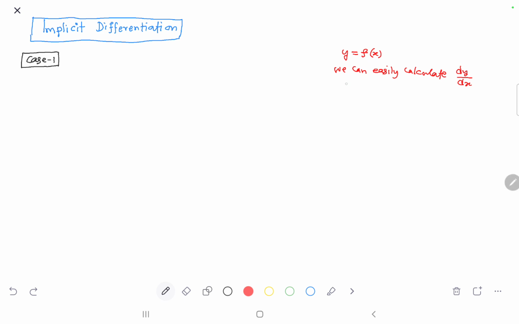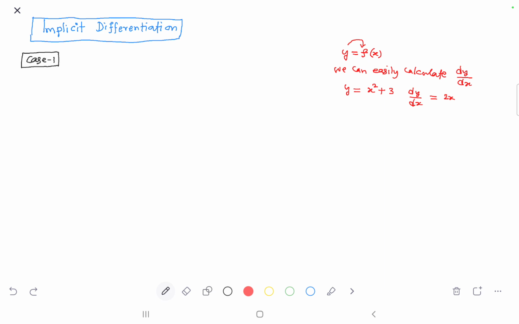So for example, if I give you y equal to x square plus 3, then you can easily calculate dy/dx. So it will be 2x. Here, y is a function of x, and suppose it is explicitly given, I mean, directly given as a function of x. In that case, we can easily calculate dy/dx.